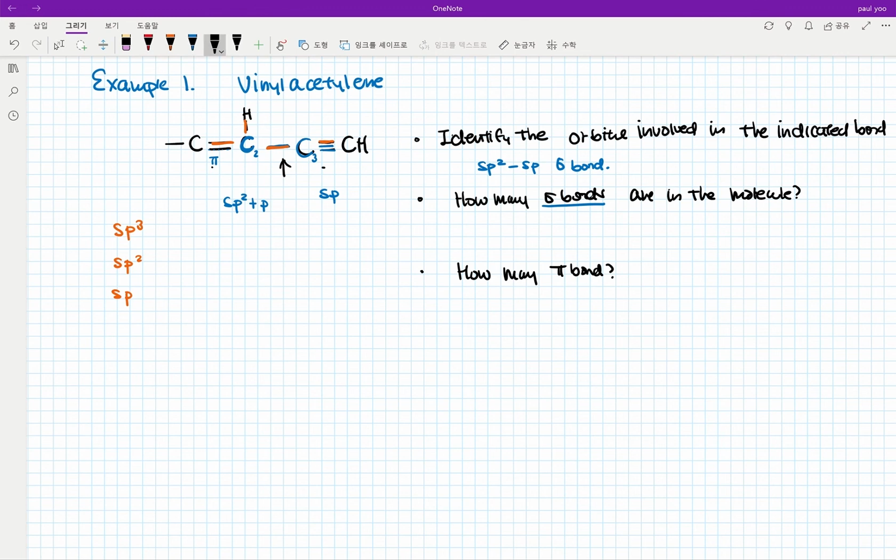I'm going to have 1 or 2 H's, and this one may have an H right there too. So there's a connection, and I meant the connection to represent the number of sigma bonds. So it has 1, 2, 3, 4, 5, 6, 7 sigma bonds, and 1, 2, 3 pi bonds total.